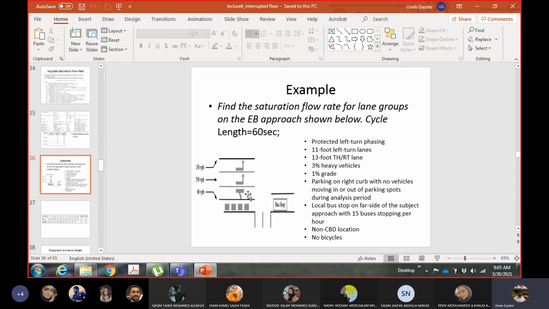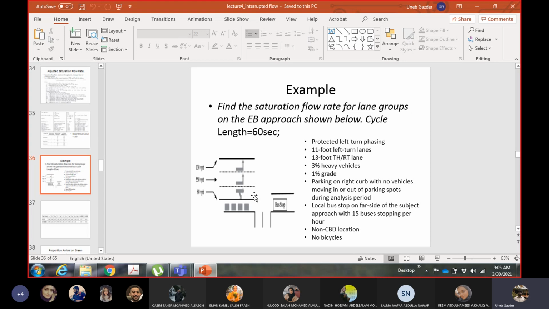Now you can see this is slightly unique: you have only one lane for straight and right, and then you have two lanes for left. So you have two lanes for left, and one lane for straight and right.